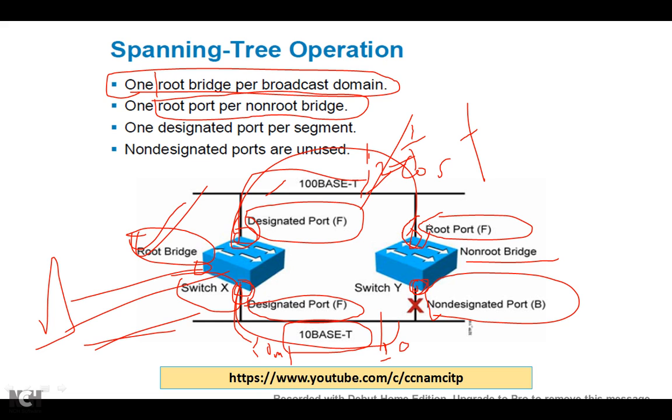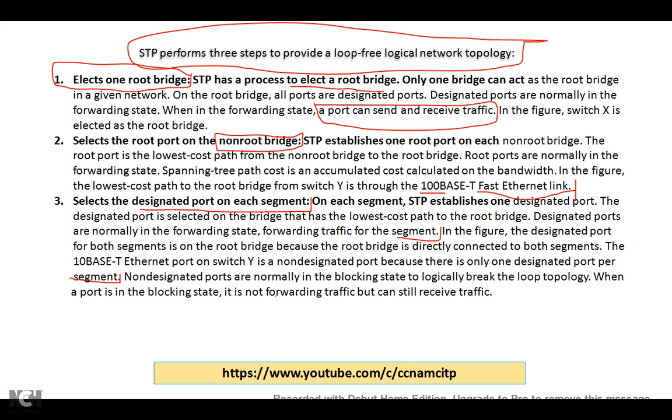We cannot have one designated port here and one more designated port here. And we have selected this port as a root port. So the next port is your non-designated port, which is in standby mode, and the name of this port is non-designated. The same thing is mentioned here also.